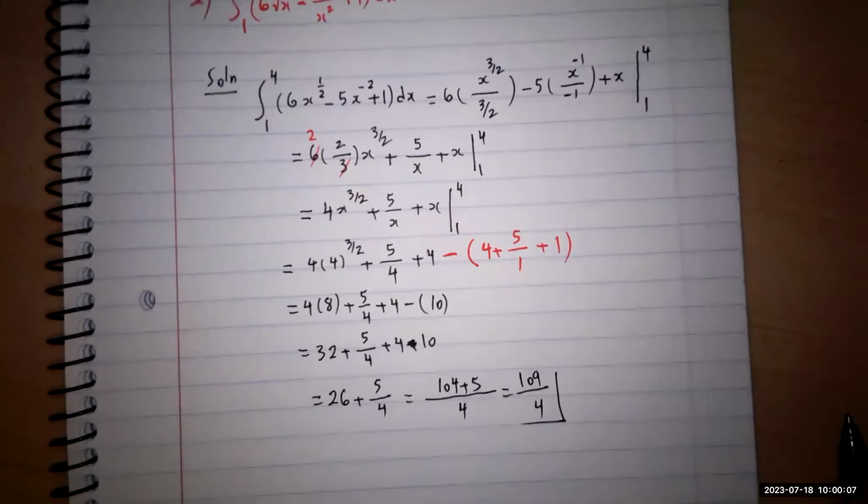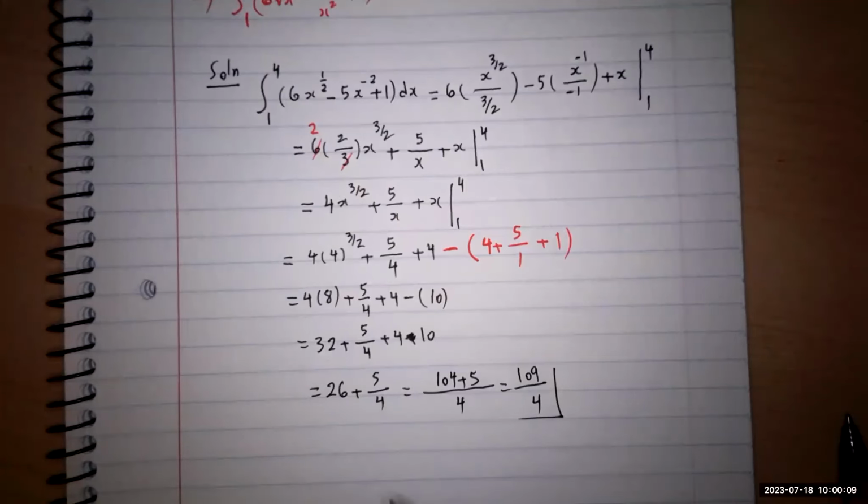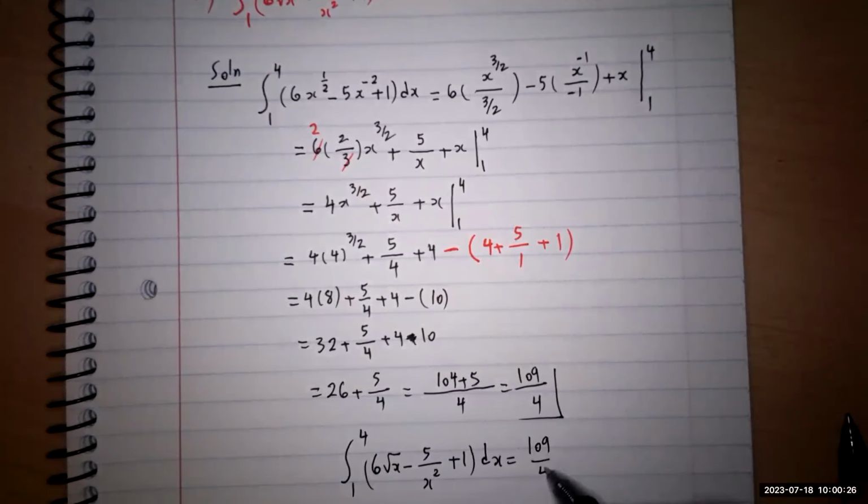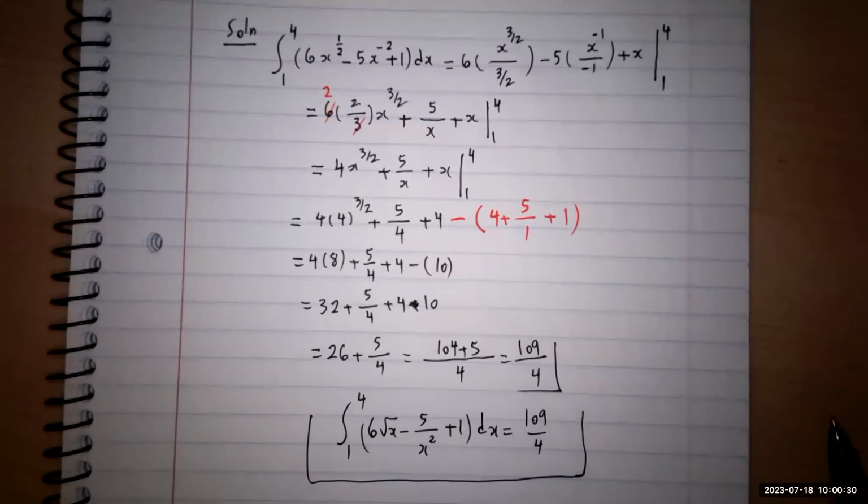Final answer. Okay, again, you don't have to, but I rewrite it to show you. Integral 1 to 4, 6 radical x minus 5 over x squared plus 1 dx happens to be equal to 109 over 4. Again, it can be area under the curve, or it can be anything else.